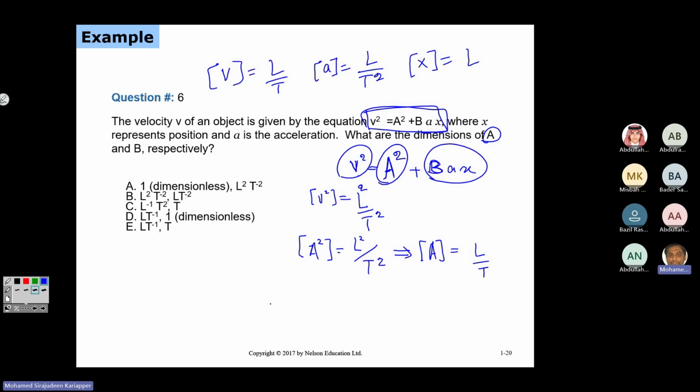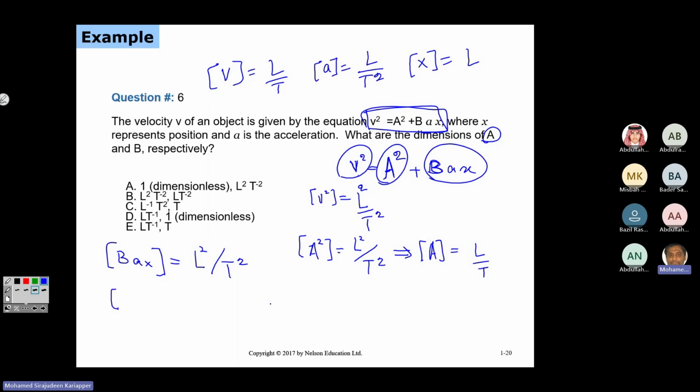Now I go to the third term, which is BAX. I will again tell myself the dimension of BAX also must be L squared divided by T squared. Right? Okay. Now, next step, I'm going to this left side.